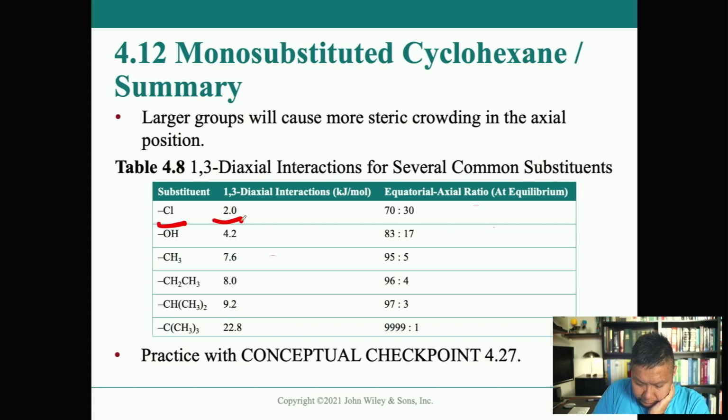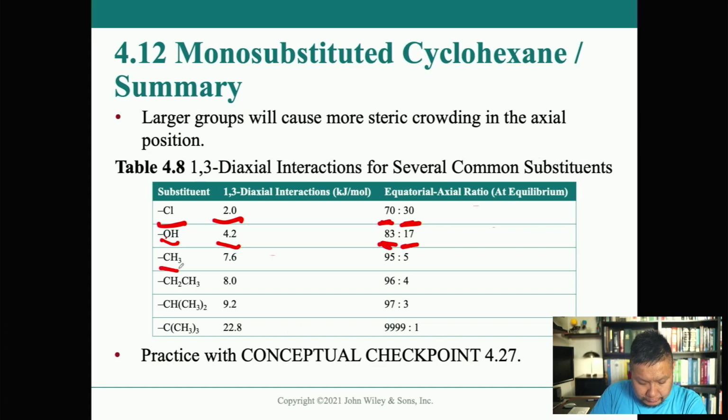So for a monosubstituted chlorocyclohexane, 70% would be in the equatorial conformation, and only 30% in the axial position. If it was a hydroxyl group or alcohol, 4.2 kilojoules per mole, 83% in equatorial, 17% in the axial position.